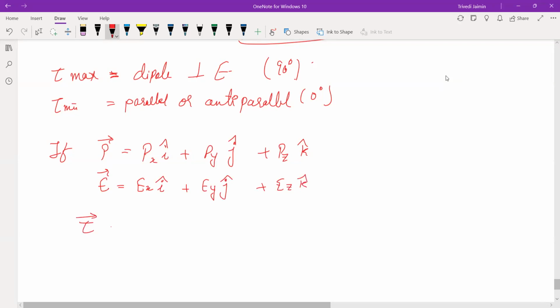Then tau equals P cross E. So for the i component, j component, k component, I can write Px, Py, Pz and Ex, Ey, Ez. You can find the determinant with this. No need to solve, let it be.